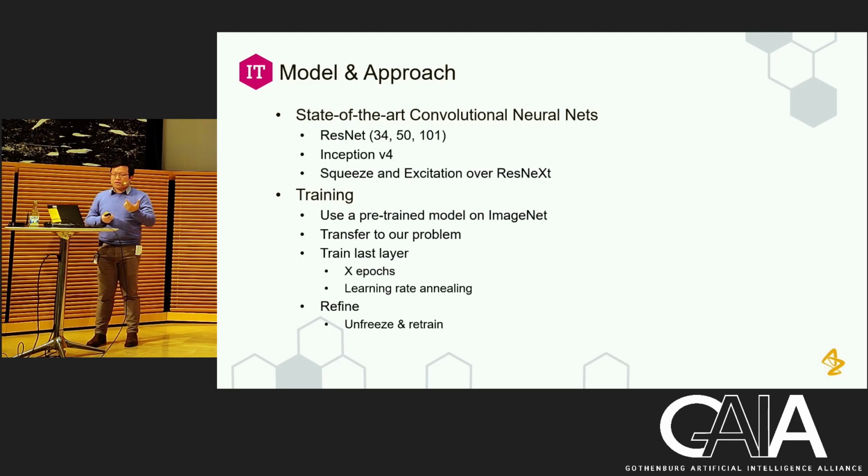We fine-tune the pre-trained model using the patches we generate from the whole slide images. We can either train the last layer over certain epochs until it converges, applying learning rate annealing during training. Then we can refine the model by unfreezing more of the final layers and retraining until the model converges.